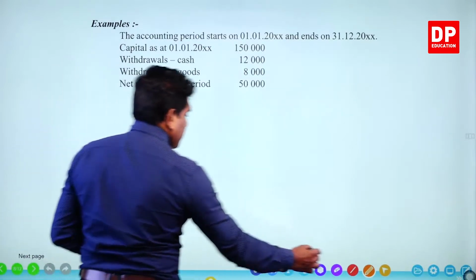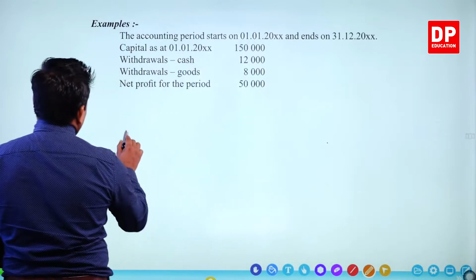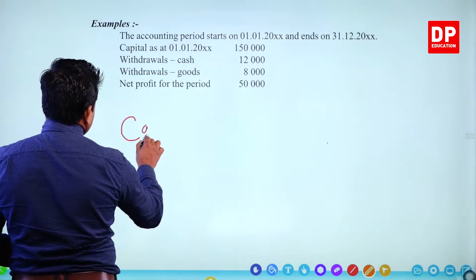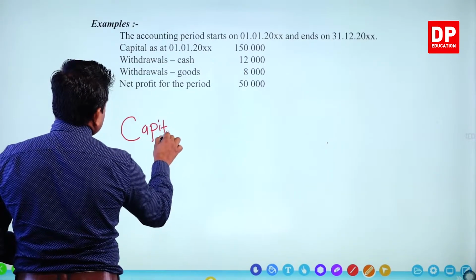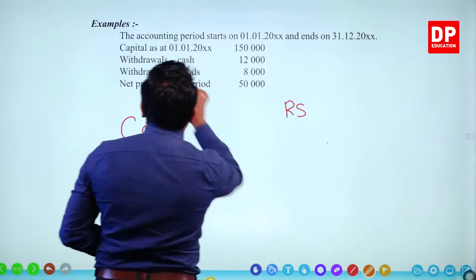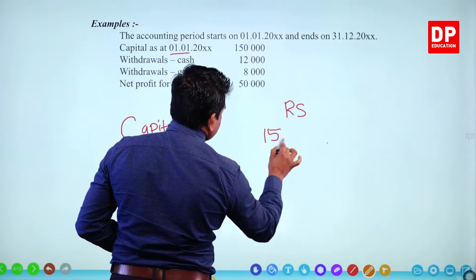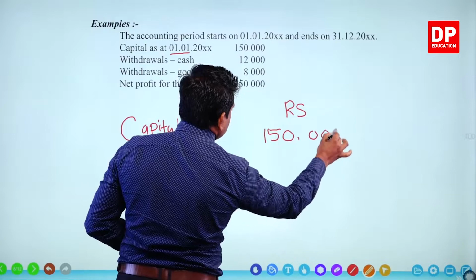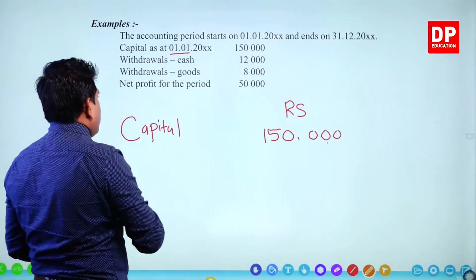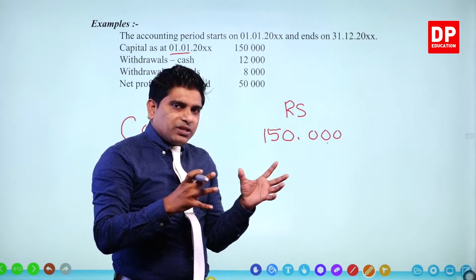Now, capital. At the beginning, how much capital did they have? 150,000. This is at the beginning, 1st of January. There are two withdrawals. Before the withdrawals, it's better if you add something here.